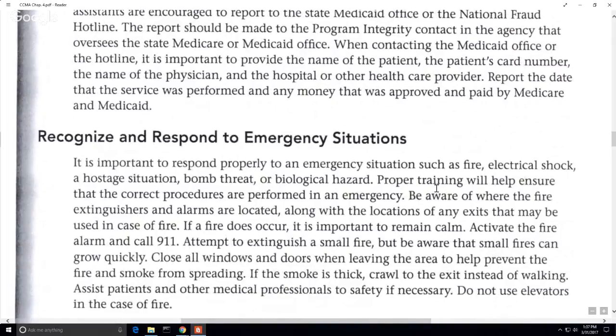Now recognize and respond to emergency situations. It is important to respond properly to an emergency situation such as fire, electrical shock, hostage situation, bomb threat, or biological hazard.